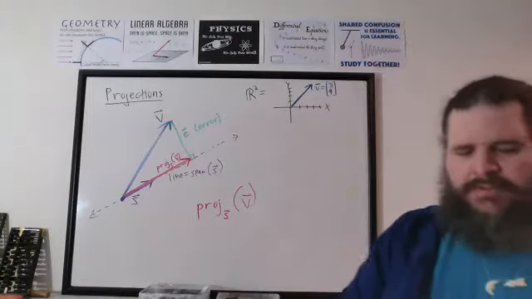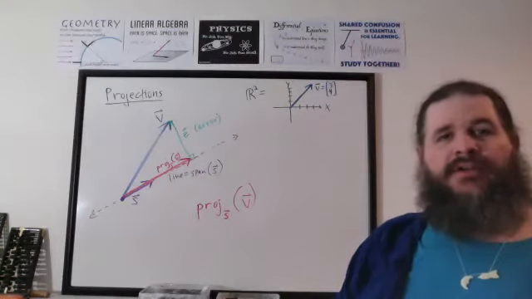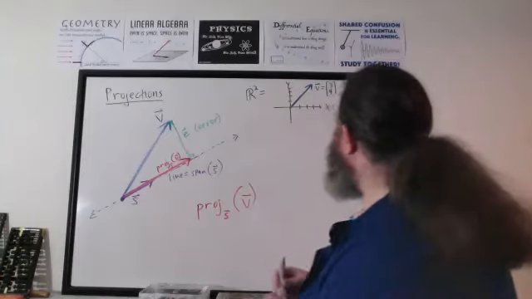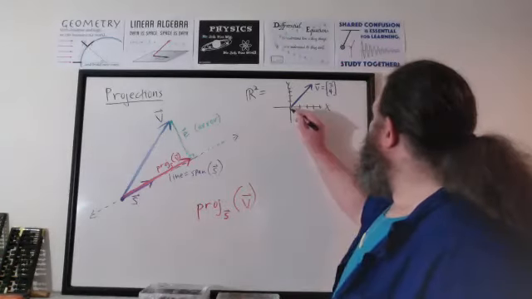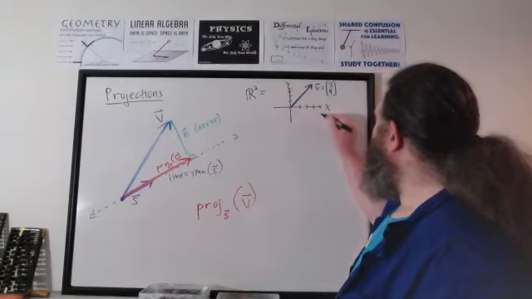And let's say we want to create the projection of this vector onto another line. Let's say we want to create the projection of that onto the line formed by, let's say, 4, -1.